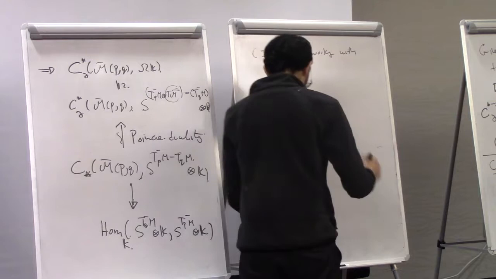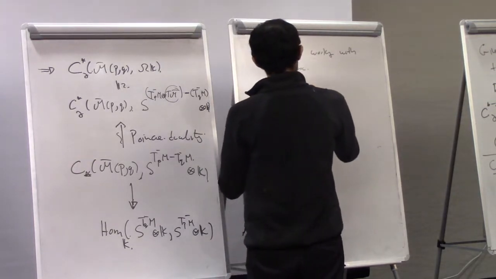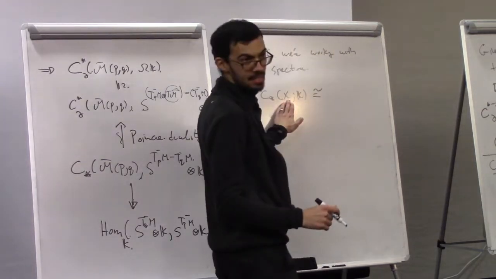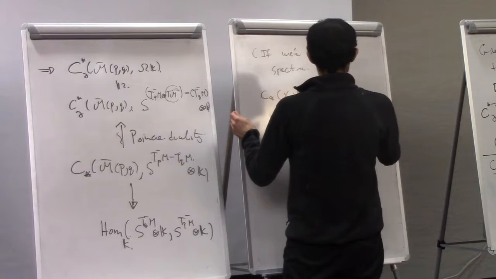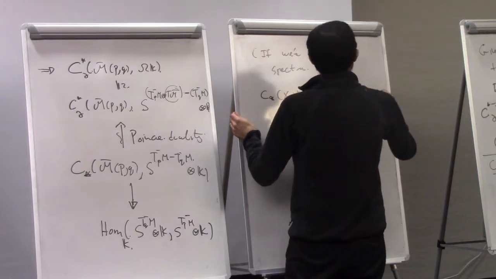Anything I will say will be a lie, but anyway, the chains on a space X with coefficients in K will be, well, I take X, and I just basically take its suspension, and I smash this with K. What does that mean?